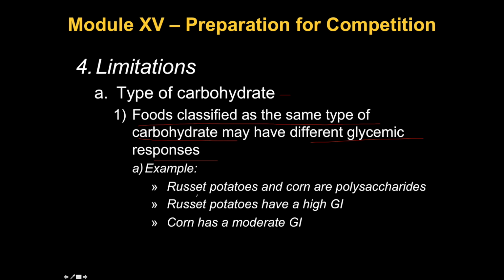So, for example, russet potatoes and corn are both polysaccharides, both the same kind of carbohydrates, but yet russet potatoes will have a high GI and corn is going to have a moderate glycemic index. So they're both polysaccharides, yet we're getting different responses as far as the spike in glucose is concerned over the course of 2 hours.